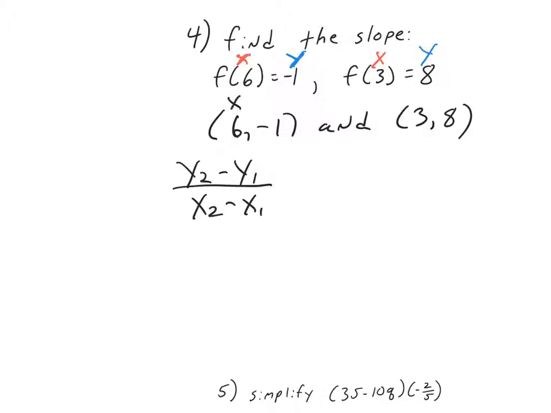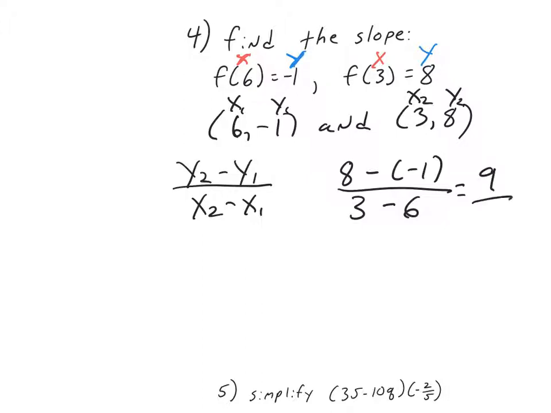Here's x1, here's y1, here's x2, here's y2. So y2 is 8, y1 is -1, x2 is 3, x1 is 6. So we'll get 8 minus the -1, which is the same as 8 plus 1 is 9. And then 3 minus 6 is -3. And so we end up with 9 over -3, which is just -3.